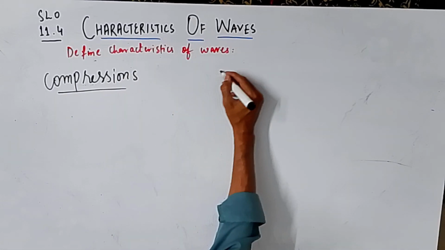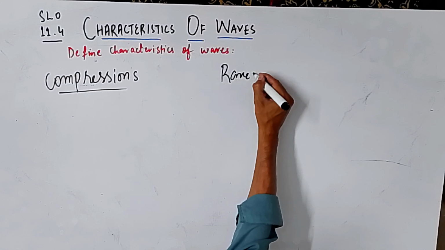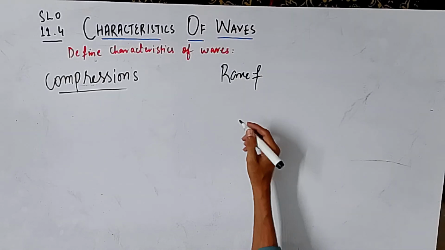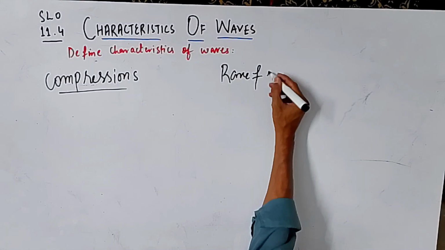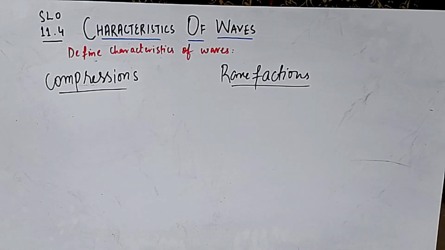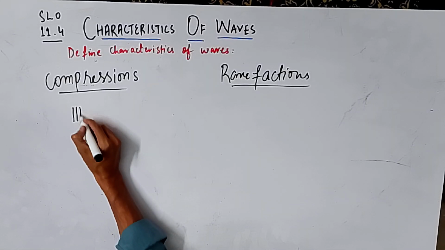Compressions, and parallel to them, rarefactions. So compressions and rarefactions are also very simple things. For example, if you are walking on a road and there are so many people over there, you will get compressed. For example, the longitudinal wave shows like this.